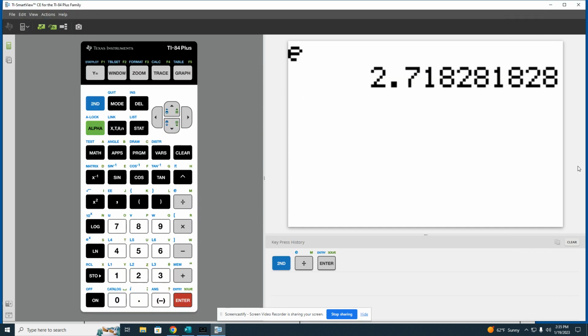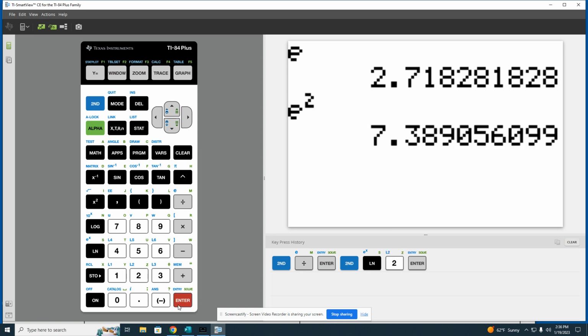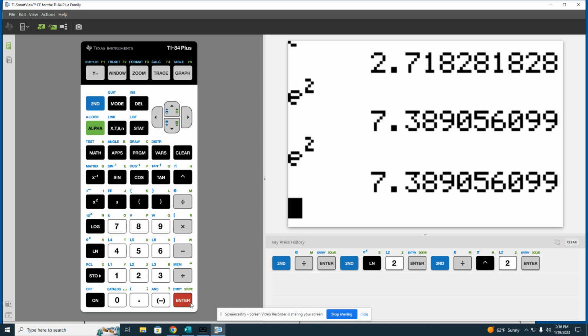So I go to my calculator, and since I'm doing e to the 2nd power, I'm going to go ahead and use second ln. Now look, if I didn't want to use that, that's fine, but that's what I get. I could also have done second divided by and then raised it to the 2nd power. It doesn't matter. You're going to get the same answer.